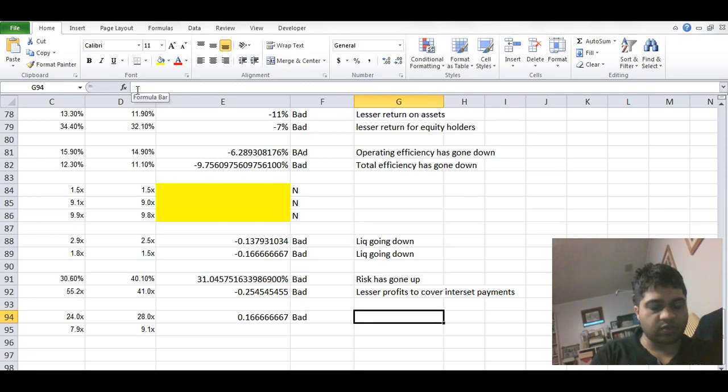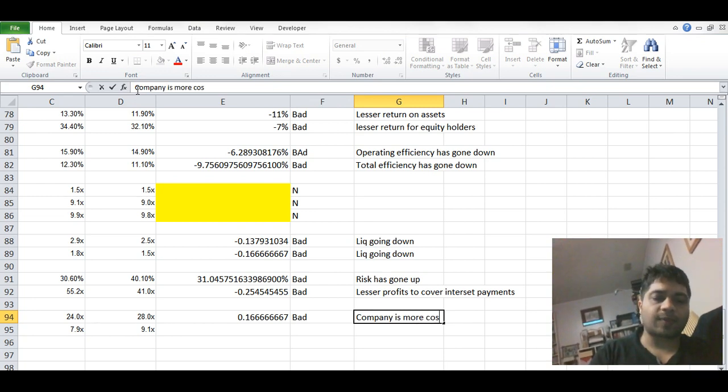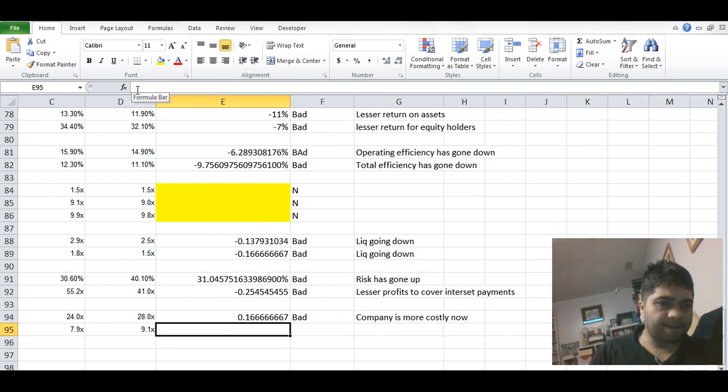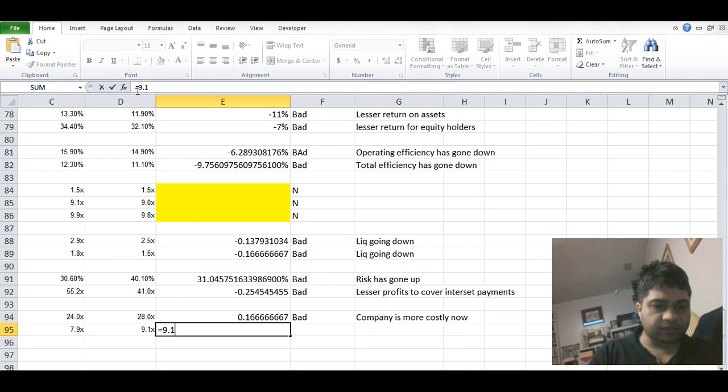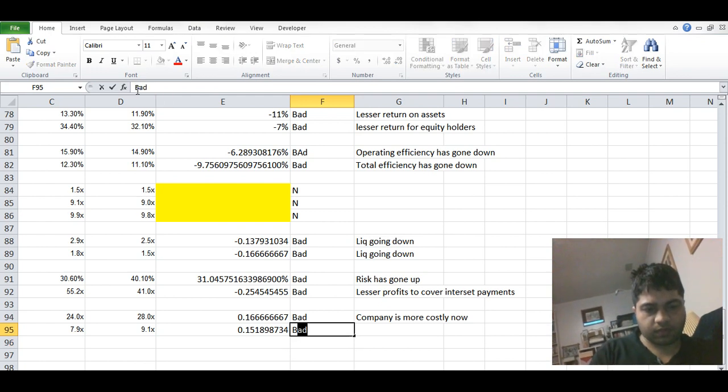So the company is more costly now. Okay, price to book value has also gone up. So assets are more costly now.